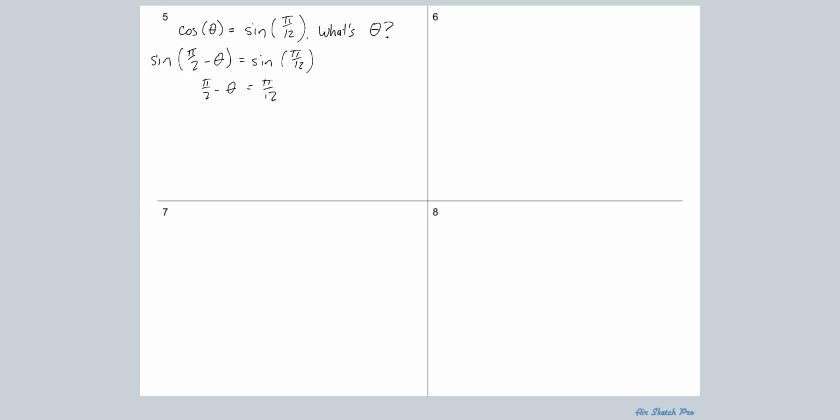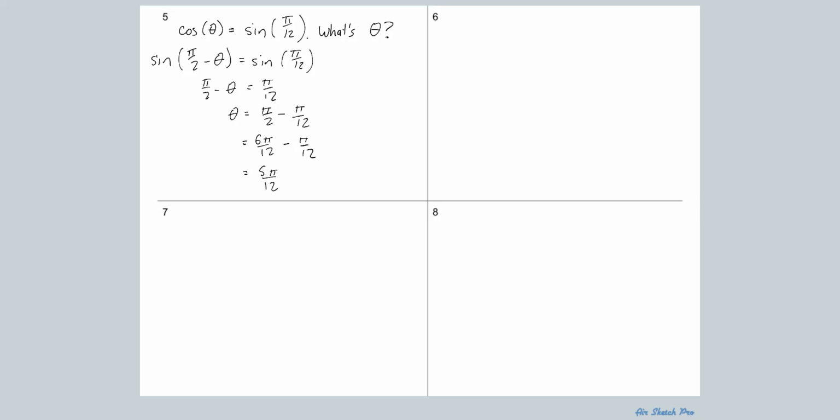Which means if I add theta to both sides and subtract pi on 12 from both sides, I get theta equals pi on 2 minus pi on 12. I would normally do this bit in my head, and you can too. Pi on 2 is 6 pi on 12 minus pi on 12, and that's 5 pi on 12. So that's the equating arguments.